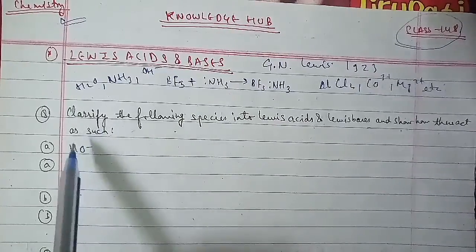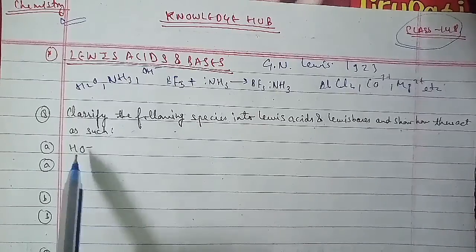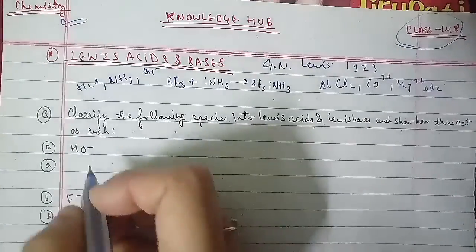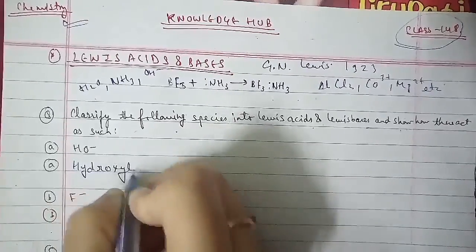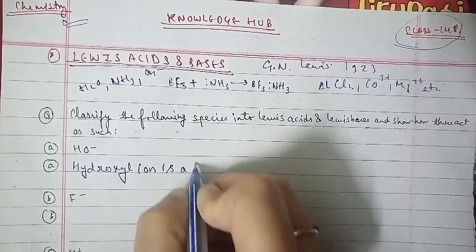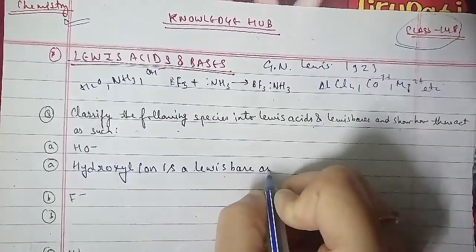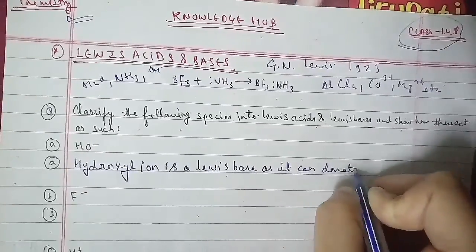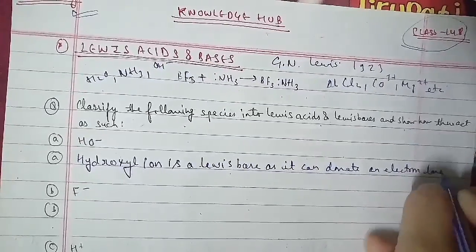You can just write it down: hydroxyl ion is a Lewis base as it can donate an electron lone pair, which is mentioned here on the OH.